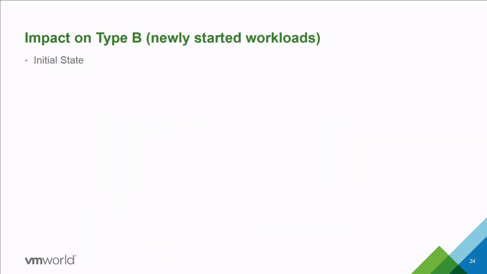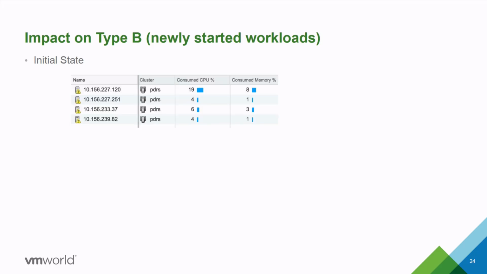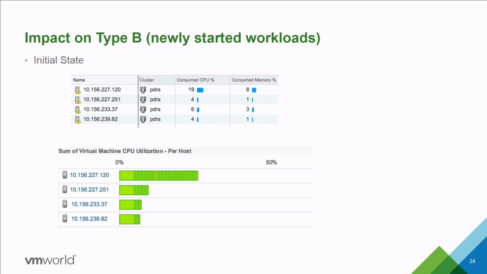Okay, so let's look at the second case. How does enabling PDRS help the type B workloads, the workloads that are about to start? I have a similar initial state where I have 4 hosts, and mostly the cluster is underutilized. But when we look at the VM distribution, again, there are a lot of VMs that are idle right now.